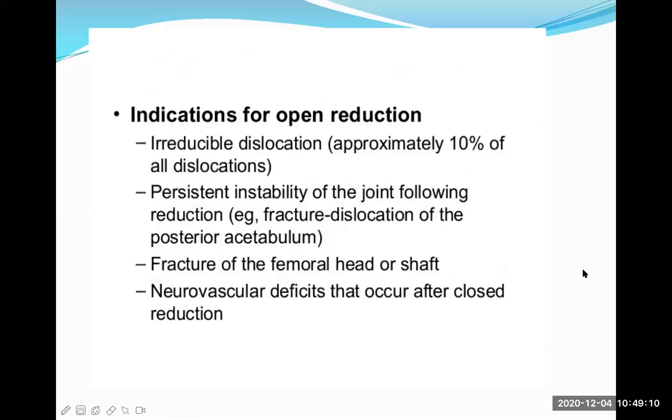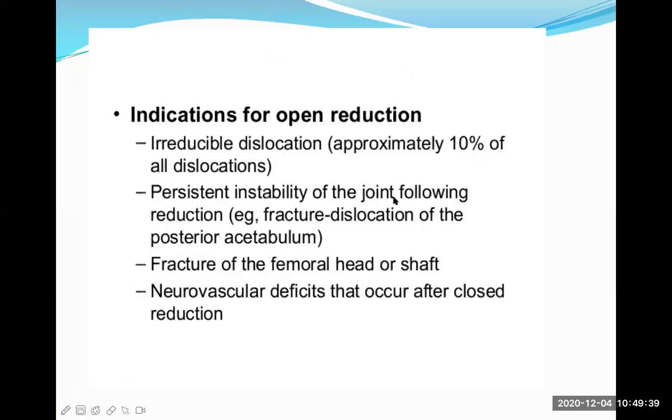Now, what are the indications for open reduction? We don't go for this, remember? Usually we go for closed reduction under conscious sedation. But if we need to, what are the indications? Irreducible dislocation, which occurs in approximately 10% of all dislocations, especially the central type.